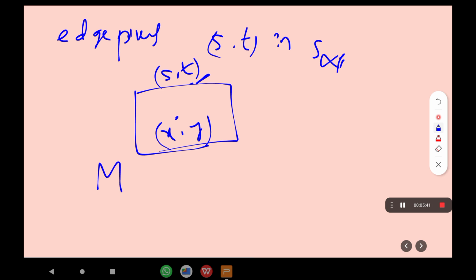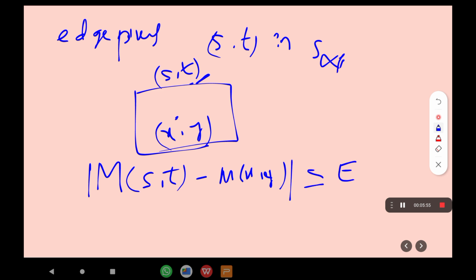For that purpose, the modulus of the magnitude of the s comma t value minus the magnitude of the x comma y value is less than or equal to some E, where E is nothing but some positive threshold, used to identify the corresponding pixel.